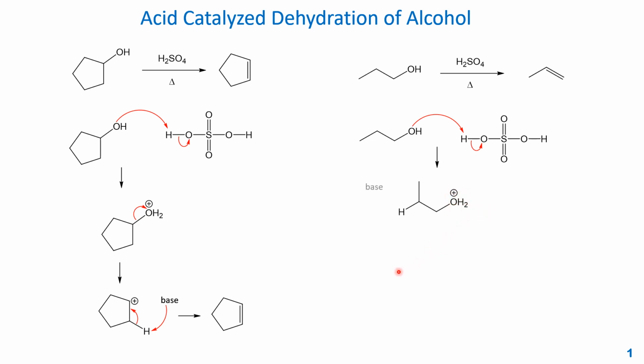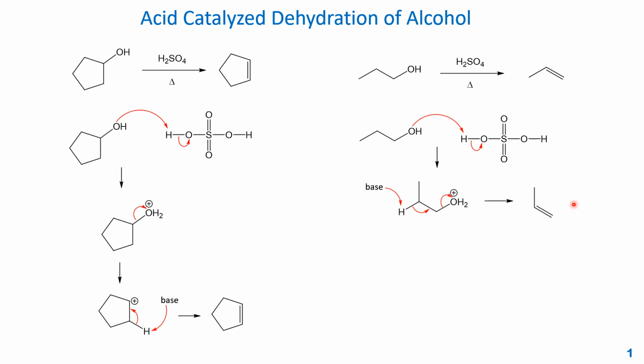Now, the base can deprotonate the beta proton, and the electrons between the hydrogen and carbon will push back and kick off the leaving group, and then form the product, propene. This is more like an E2 elimination mechanism.